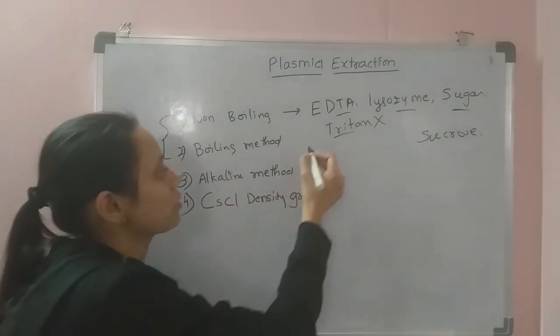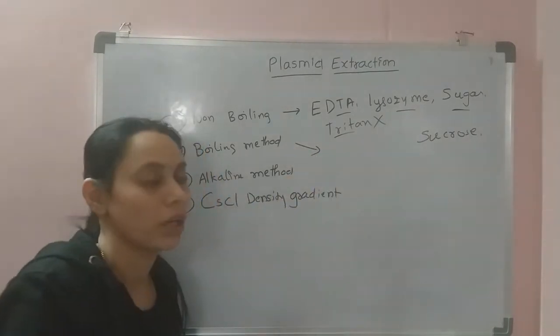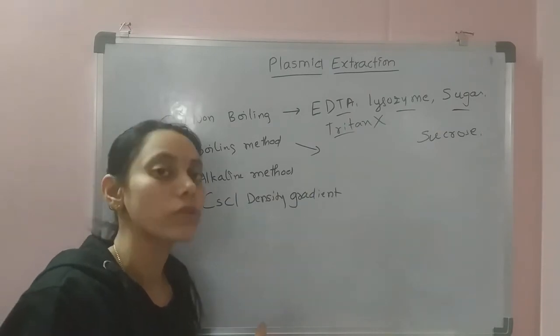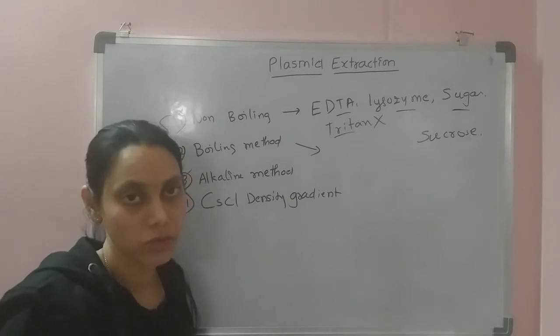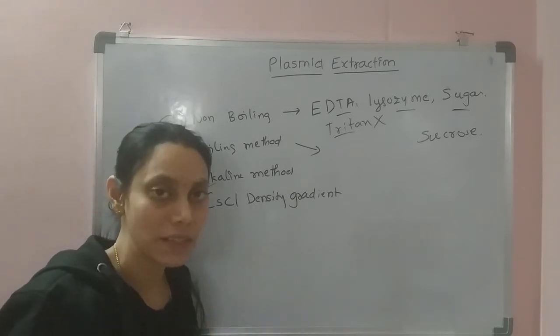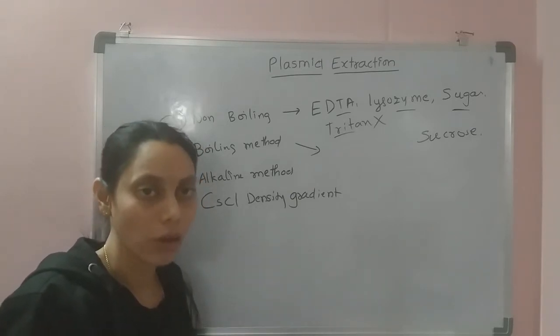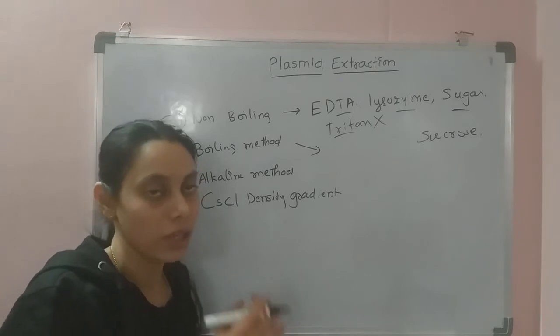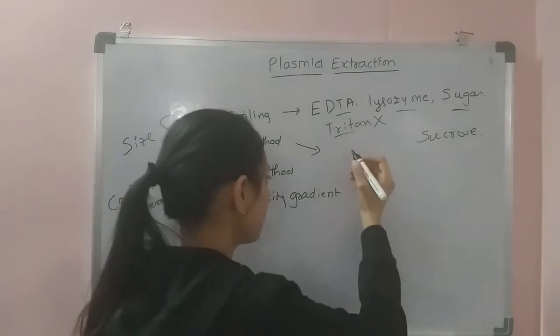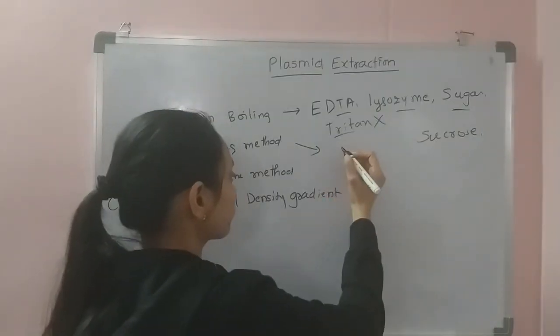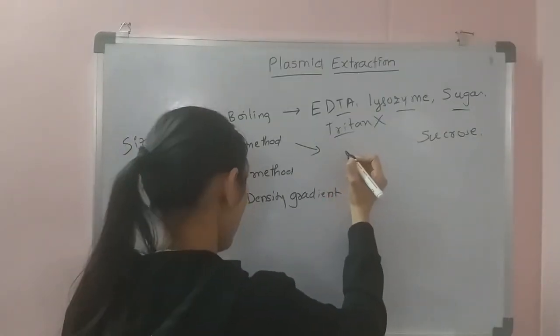Coming to this boiling method, the principle is the same. That means here also spheroplasts are formed, and the plasmids will come out into the solution, so that plasmids will be easily separated. All remaining cell components and the genomic DNA will be precipitated. The principle is the same, but the ingredients will be somewhat different.